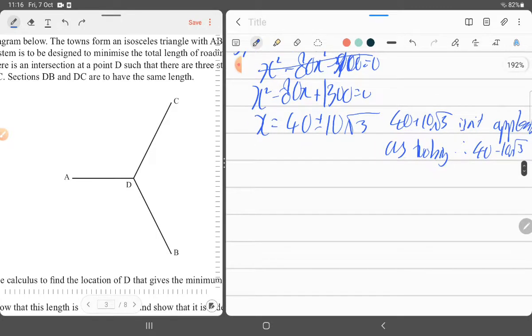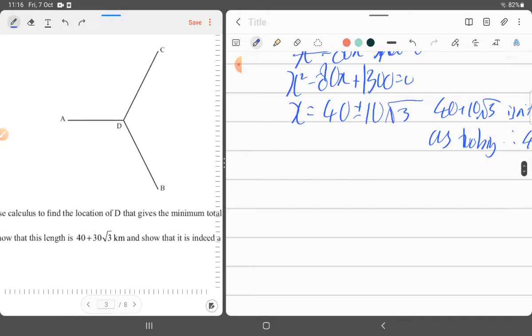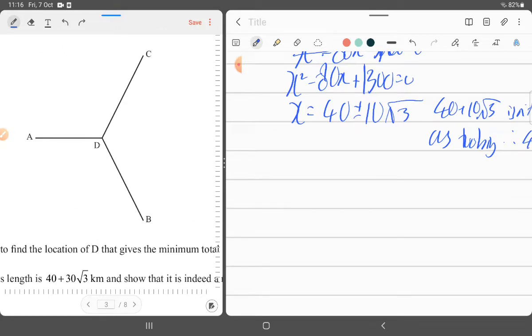But then, so this, 40 minus 10 square root of 3. How should I explain this?